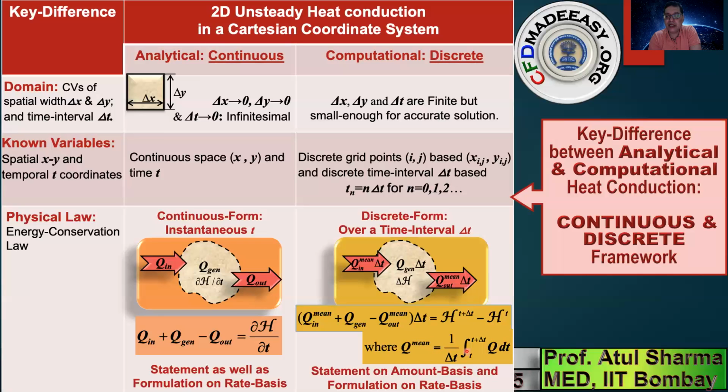Note that this integral of q is the rate of heat transfer. You are doing a time integral of rate of heat transfer. So this integral is giving you the amount of heat over a time interval delta t. So if I want to express it by one time instant, which I call mean or time average, then this is the mathematical expression which is used to represent this.